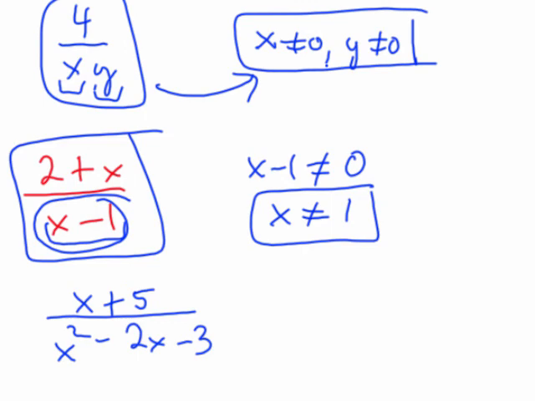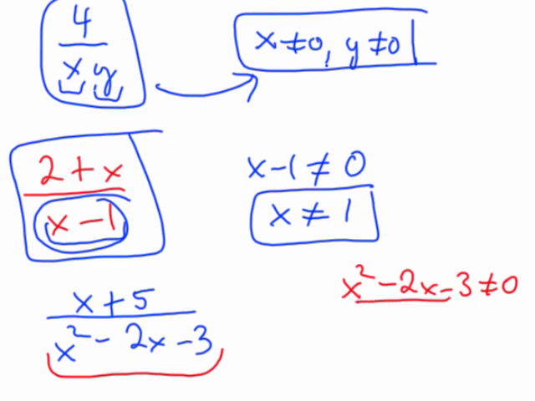Alright, another rational expression. This one's a little bit more complicated. Are there any values of x that we can't substitute in? Well, we don't want values of x that make the denominator 0. So what we're going to do is factor this. This is a quadratic expression. If I factor that, x minus 3 times x plus 1.